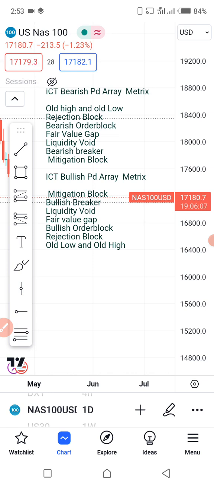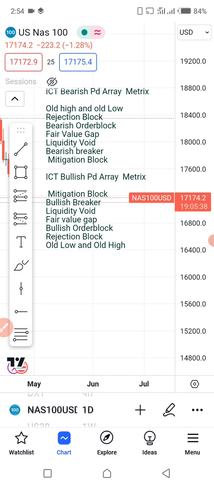It's so important. You can't overlook it, and it's very important that you can see the ones that you have on the screen. The bearish ICT PD Array Matrix, the bullish ICT PD Array Matrix. There are 7 in number.